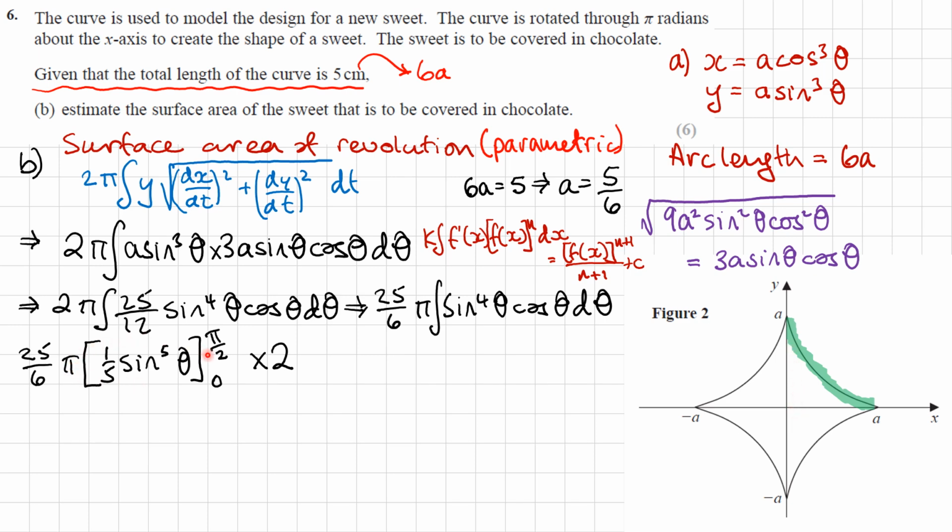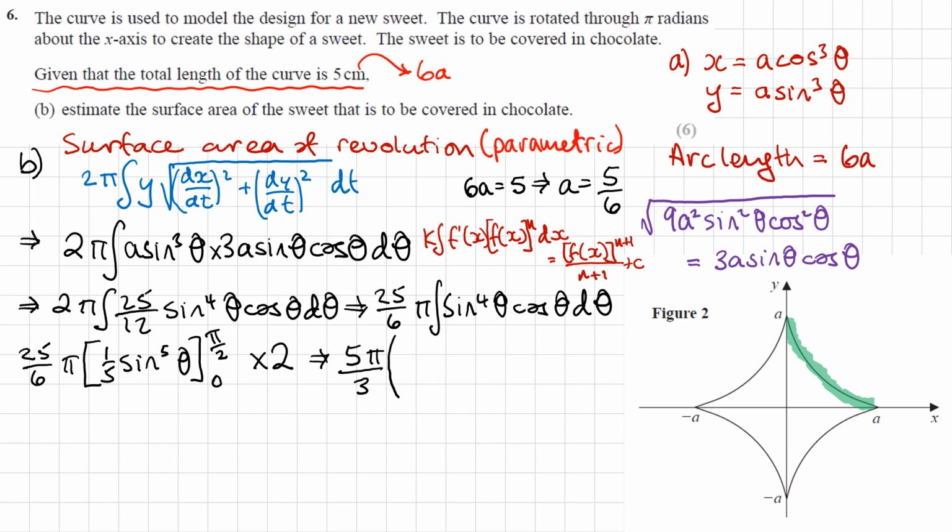So this just needs to be multiplied by 2 to give us the full surface area of the suite. So we can tidy this up, so we can do the 25 over 6 pi times by 5 times by 2, and that gives 5 pi over 3, and then we'll put our limits in.